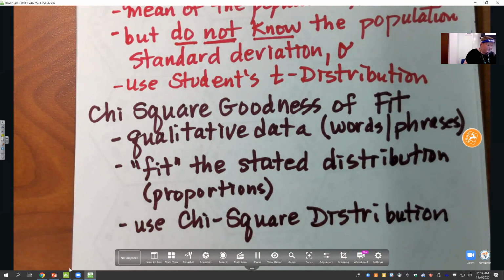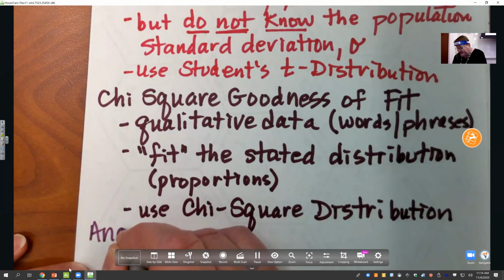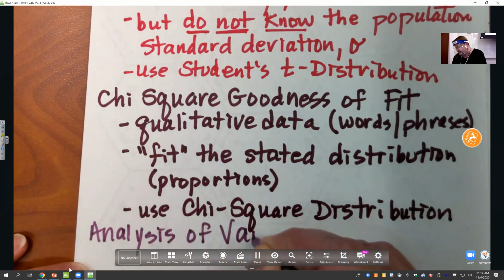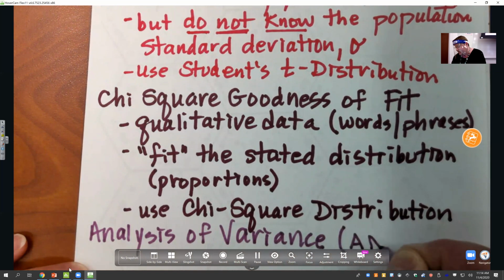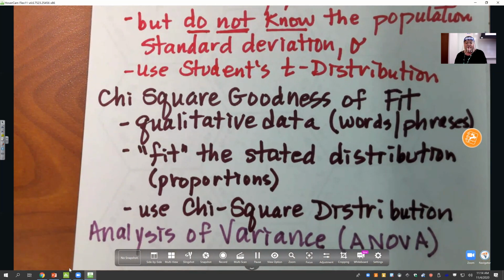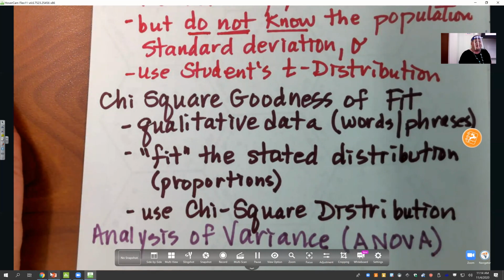So today we're going to add another one to that. Today we're going to add analysis of variance, or abbreviated ANOVA. And I'll come back and put in the details for you there, or you can catch them as we go through. It's PowerPoint.